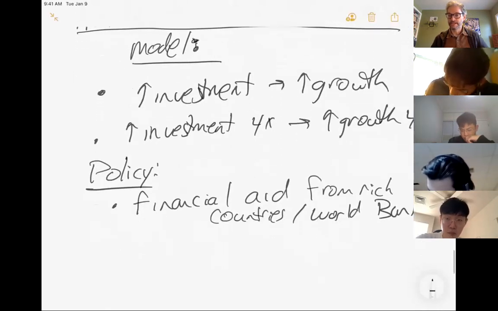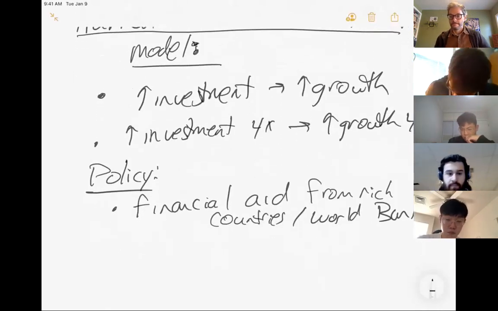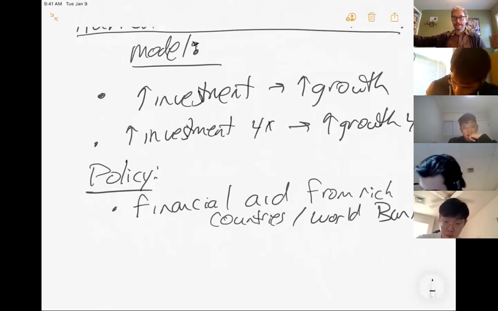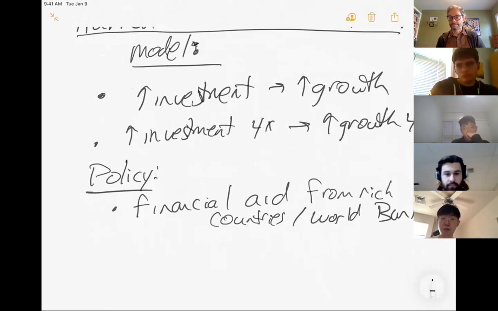What were some of the other policy implications of this? Of course, try to get it from other people, right? If you can't get it from other people, what can you do domestically? Like public investment through taxes and stuff. Right. And where do you get that money for public investment? Through taxes. Through taxes and through forced savings, right?